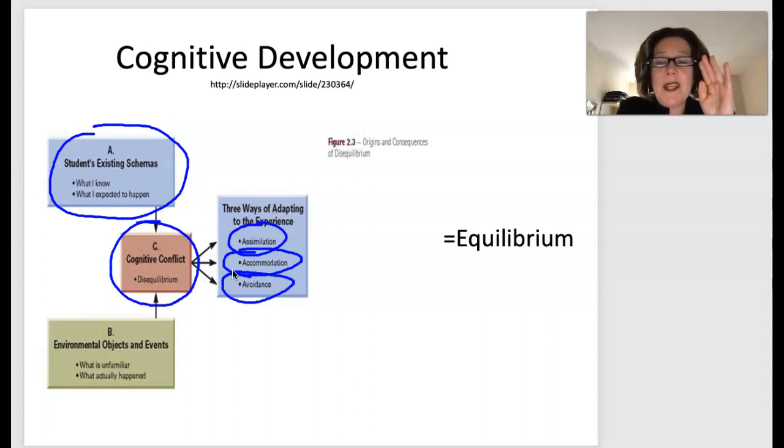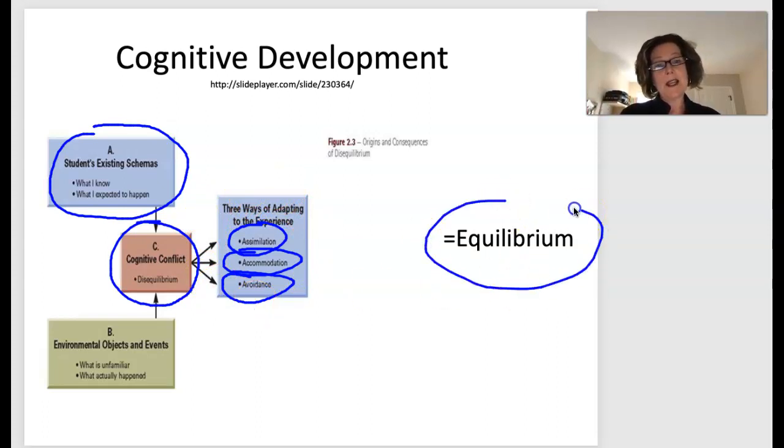They do not want to be in that state of disequilibrium where, oh, maybe my schema is not correct. Maybe the way that I have organized this information or my perspective actually needs to be changed. Okay, and then ultimately, once Hugh has either assimilated or accommodated, Hugh comes back to the state of equilibrium.